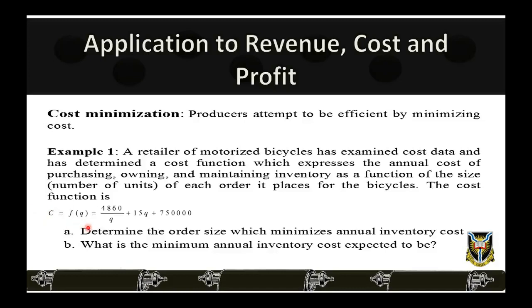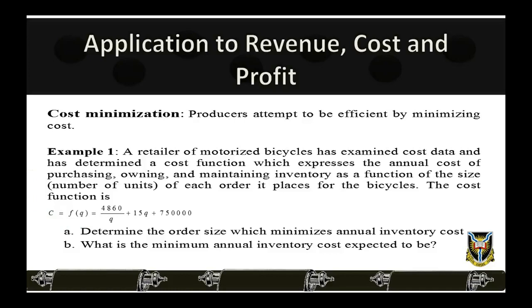Example 1. A retailer of motorized bicycles has examined cost data and has determined a cost function which expresses the annual cost of purchasing, owning, and maintaining inventory as a function of the size of each order it places for the bicycles.